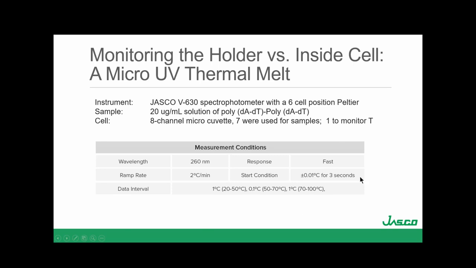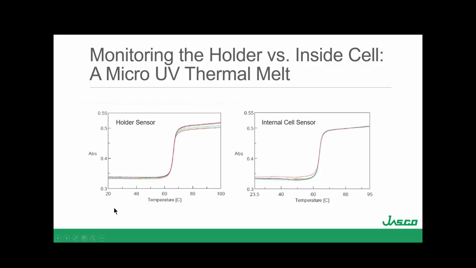So these are the conditions, and these are the curves that were obtained in 2 different setups. In one, we're monitoring the holder sensor, and in the other, we're monitoring the internal cell sensor.